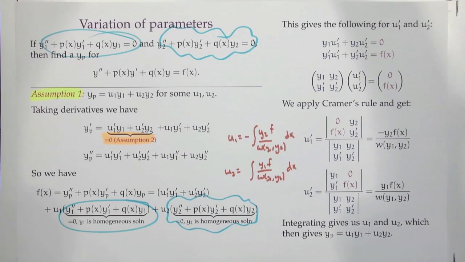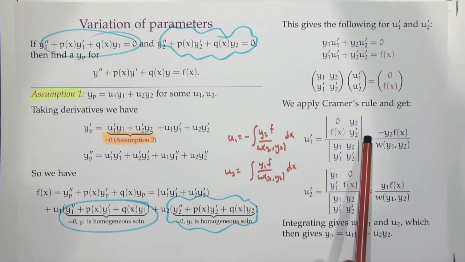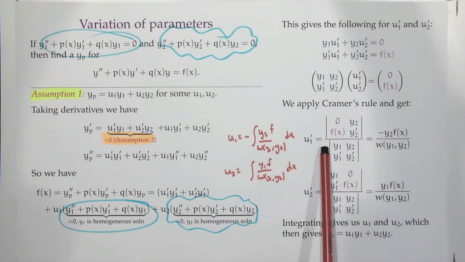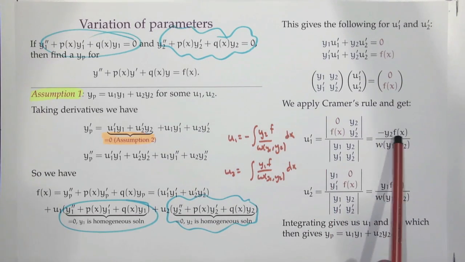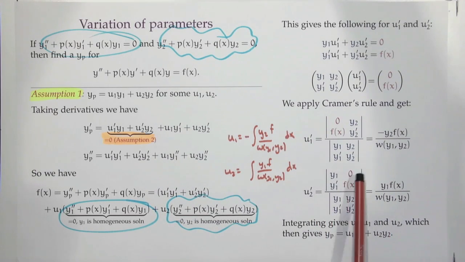Of course, I should have pointed out that upstairs you can check: 0 times y2 prime is 0. Then here you have y2 f of x, but you subtract. Here you get y1 f of x, and then the other part 0. All right, so we can find u1, we can find u2, which means we can find our solution, because we just have to multiply u1 by y1 and u2 by y2 and add it up, and life is good.